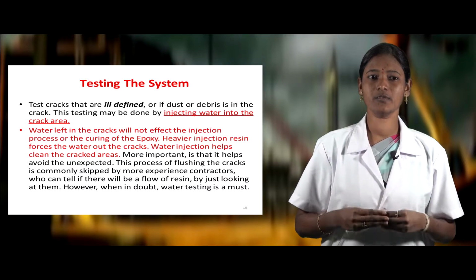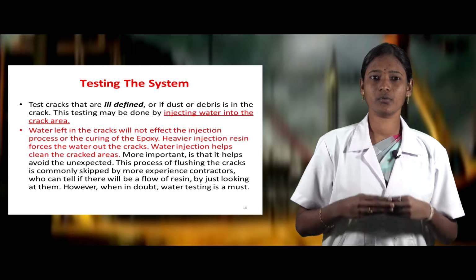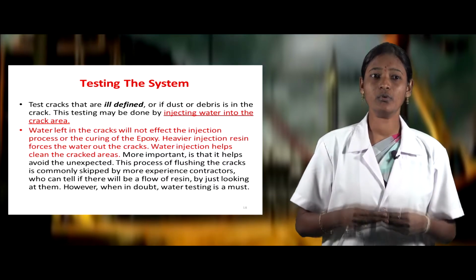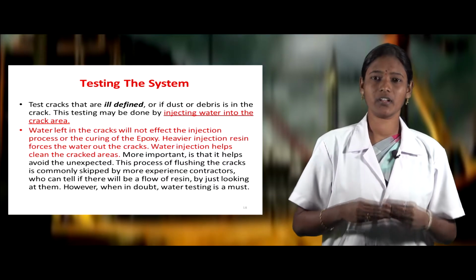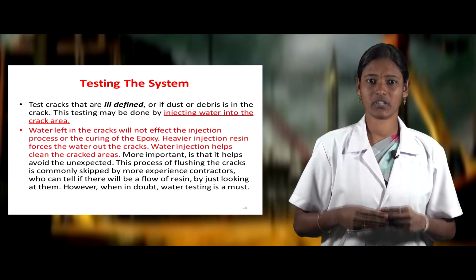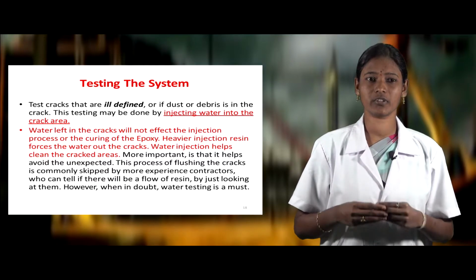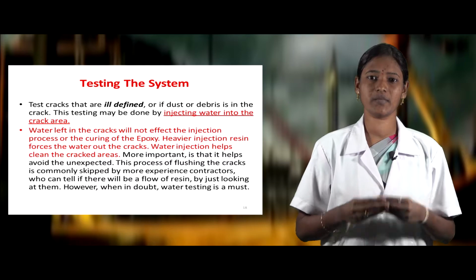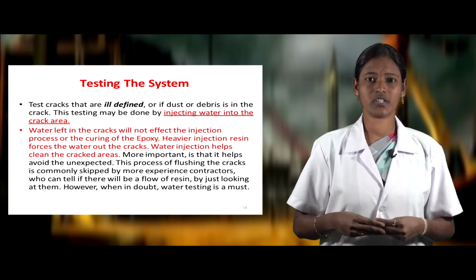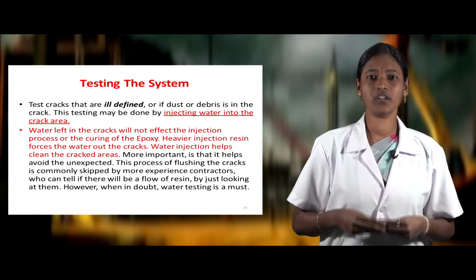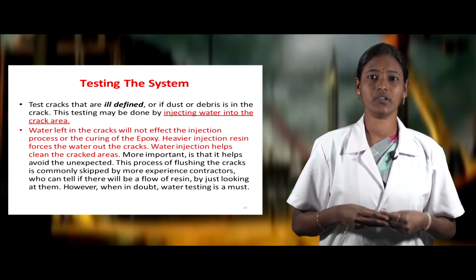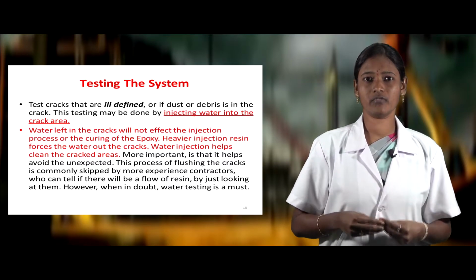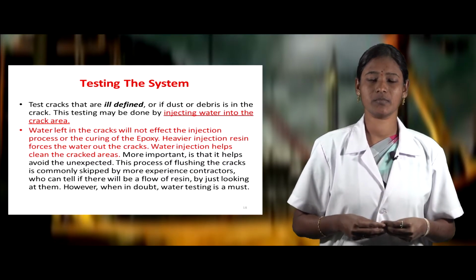Water injection helps in cleaning the cracks. Most importantly, it helps to avoid unexpected failure due to improper sealing of the cracks. The process of flushing cracks is commonly skipped by an experienced applicator or contractor, who will find the debris or dust inside the cracks by visual inspection itself. When in doubt, the water injection test may be carried out.